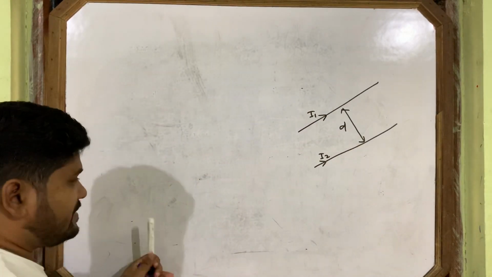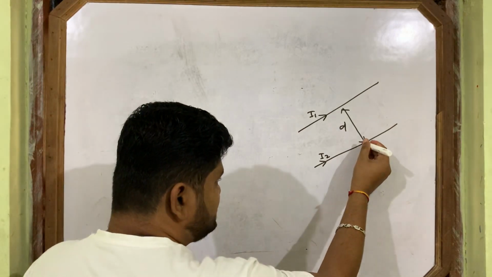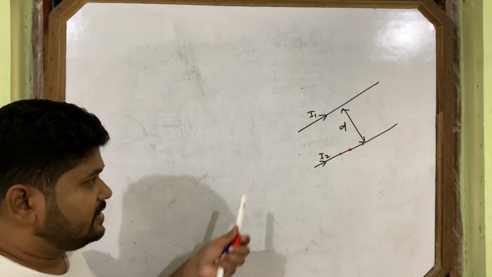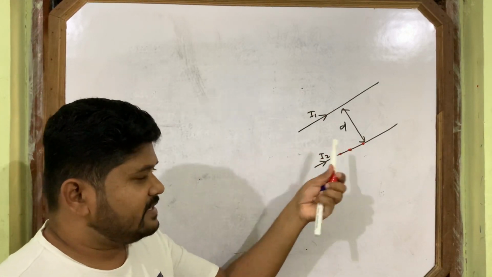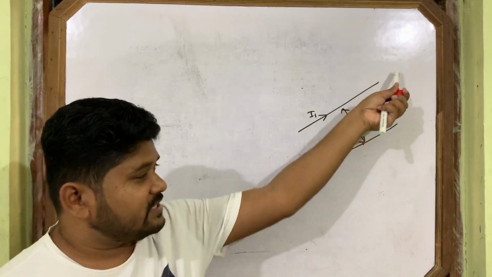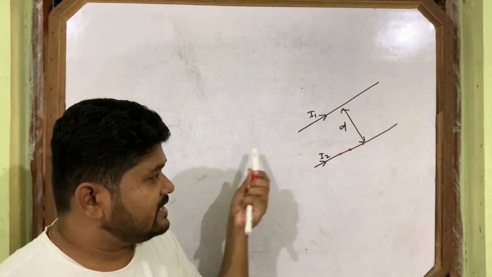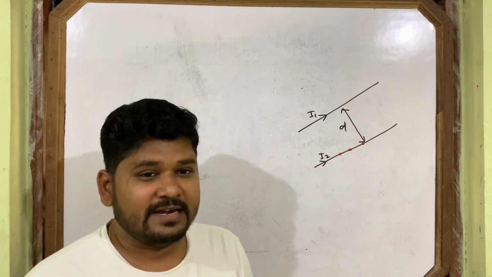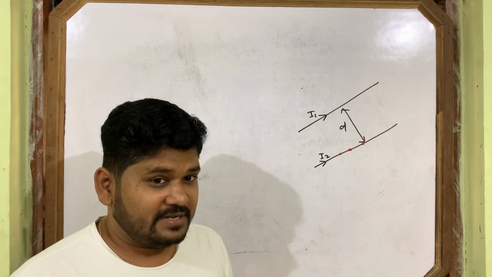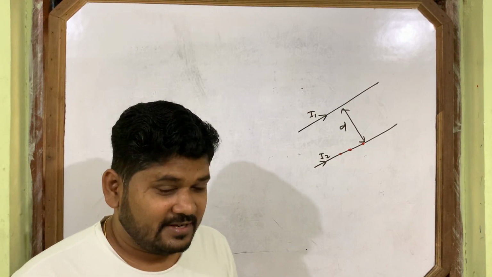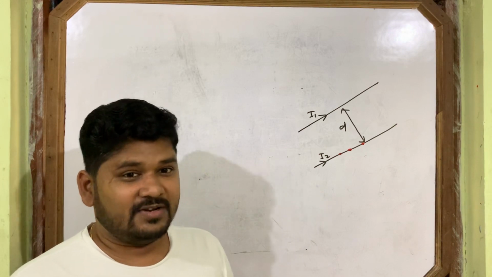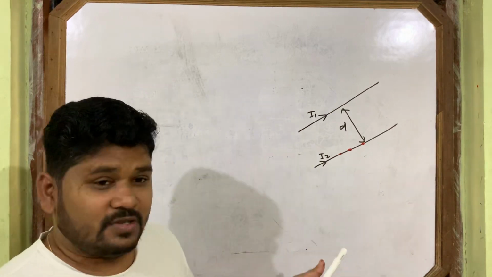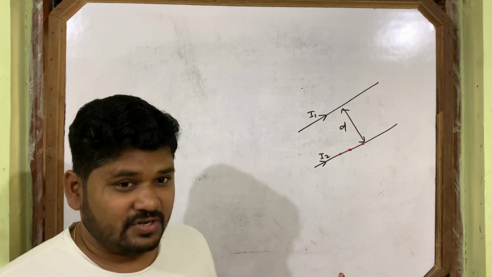What is the magnetic field on this conductor due to the I1 current? These are infinite currents. At a distance d, what is the expression of the magnetic field? You have derived it using Ampere's circuital law for an infinite conductor; you can also derive it using the Biot-Savart law.